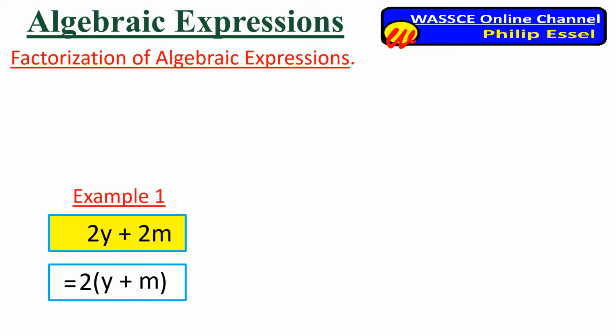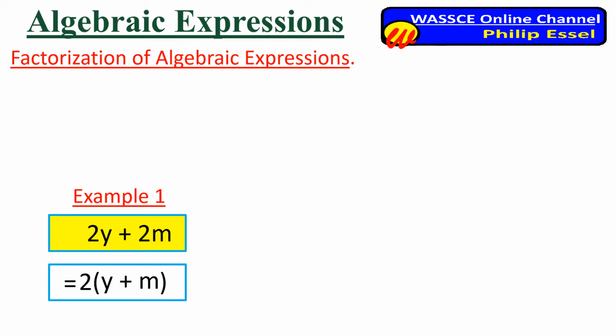Now I need you to note that we can use the method of distribution to move the new expression back to its original form. All you need to do is to multiply the 2 to the individual items within the bracket. For example, the 2 would multiply the y, and you get 2y.